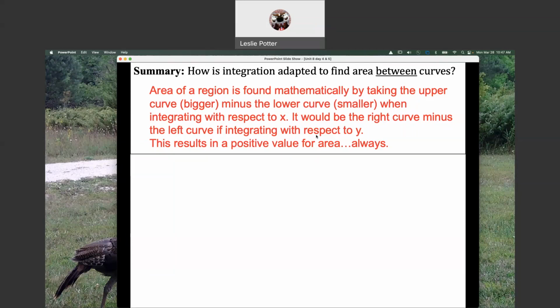I'll write that on the board. So upper minus lower for dx, right minus left for dy. That will always result in positive differences.